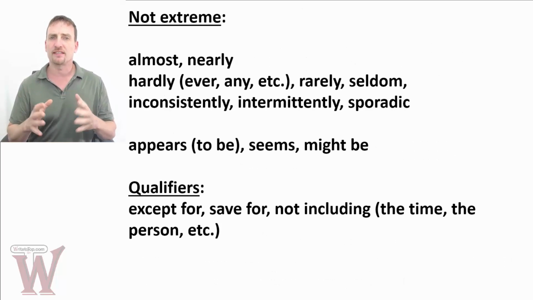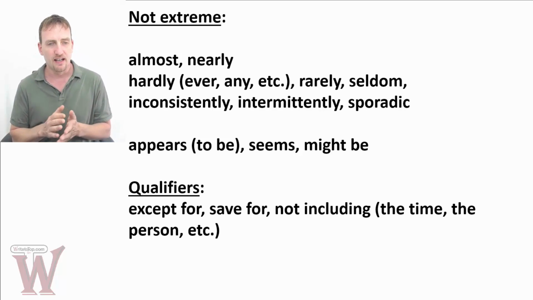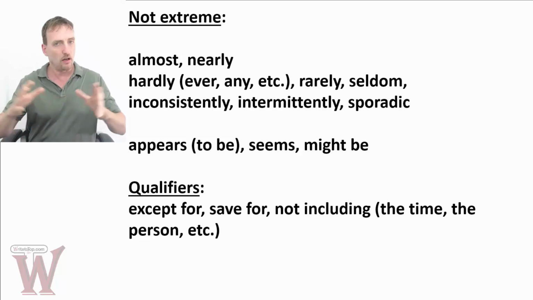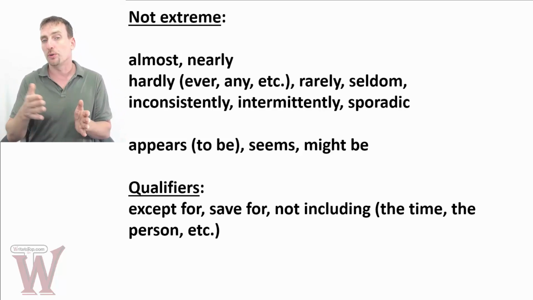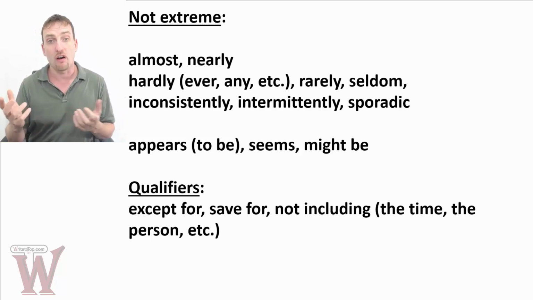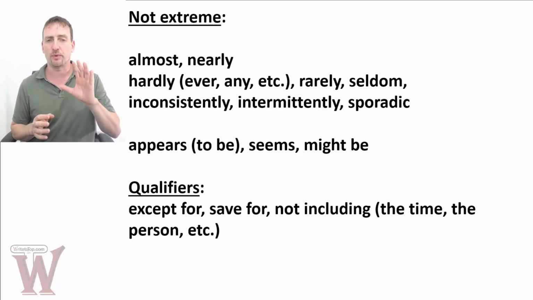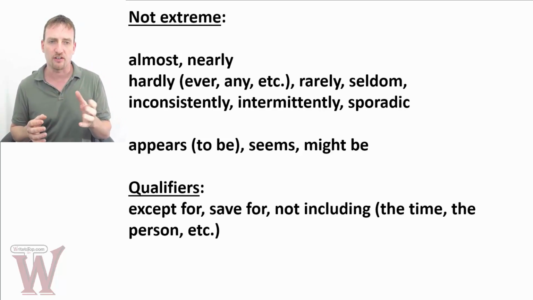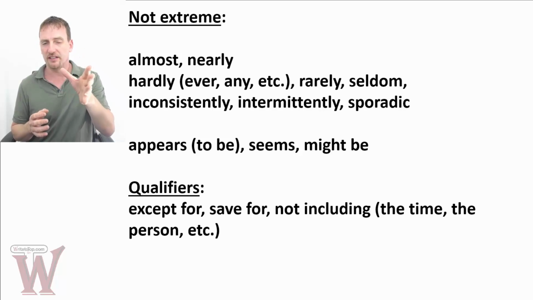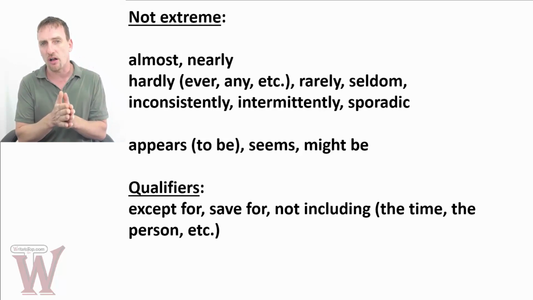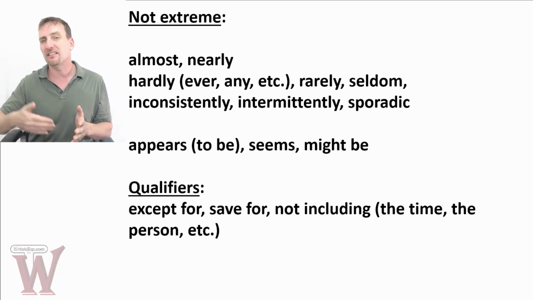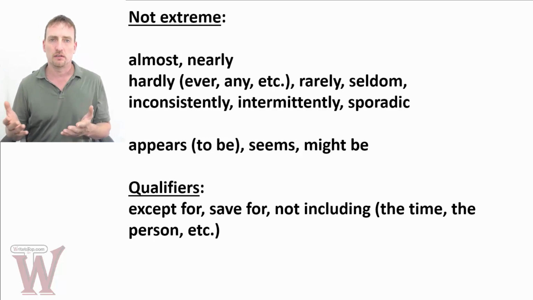Now, let's look at some not extreme words that people sometimes misunderstand. Always means always. Almost always means not always. So you have to be very careful with these qualifiers, they're called, especially the ones in the bottom, but these are also qualifiers. But when you say almost or nearly everybody agreed, does that mean that 100% of the people agreed?